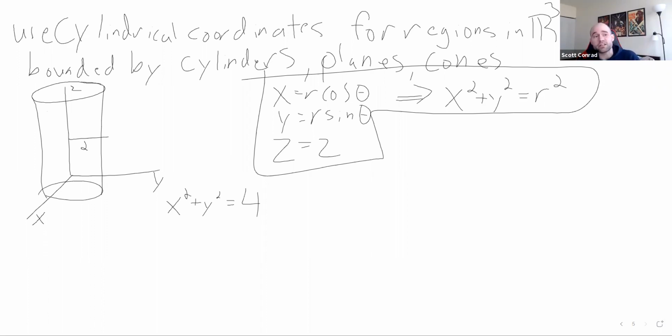So let's write this in cylindrical, right? So x squared plus y squared is r squared. And since we're always taking r to be positive, the equation of this cylinder in cylindrical is r equals 2.